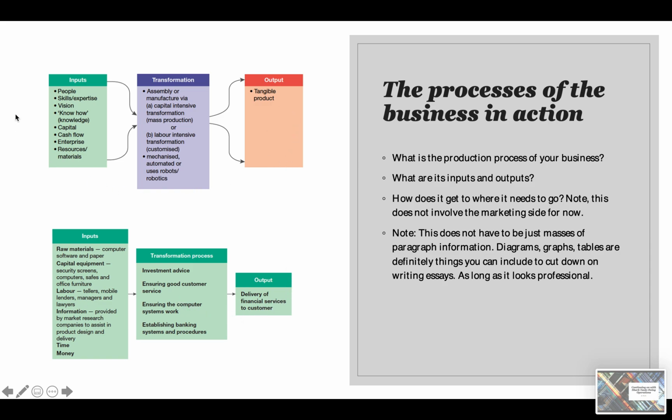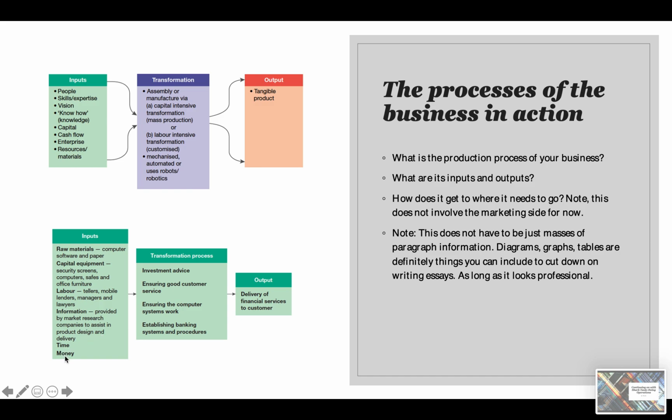Okay, now the first one here is a very generic one. It doesn't actually give you any sort of detail, sort of just saying, here's how you could do your one. Okay. Meanwhile, this one here, you can see that the final service here, the output, is delivery of financial services to customers. So here were the raw materials that you needed to get those financial services. You needed raw materials, computer software and paper, capital equipment, which was security screens, computers, safes, and office furniture, labour, tellers, mobile lenders, managers, and lawyers, information provided by market research companies to assist in the product design and delivery, time and money.